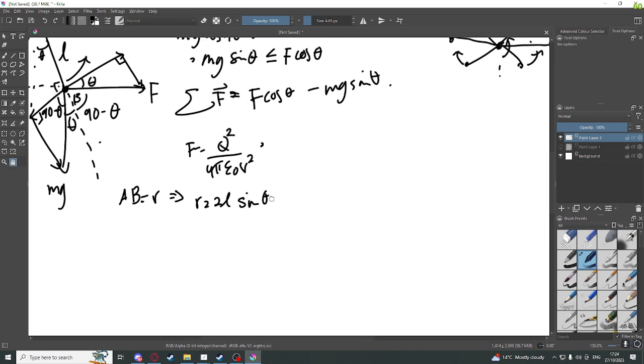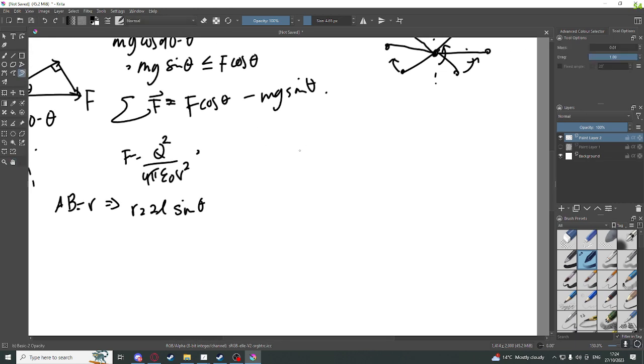And so this becomes Q squared all over 4 pi epsilon 0 times R squared, which will be 4 L squared sine squared theta.